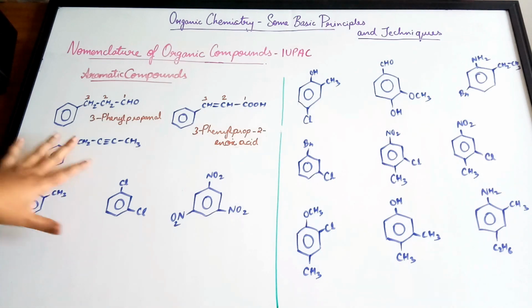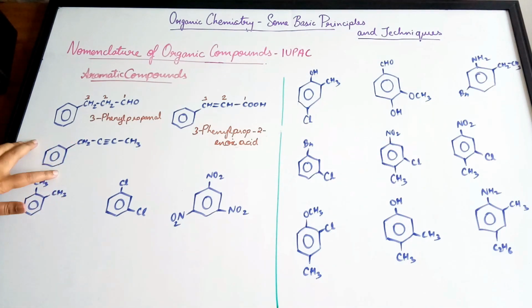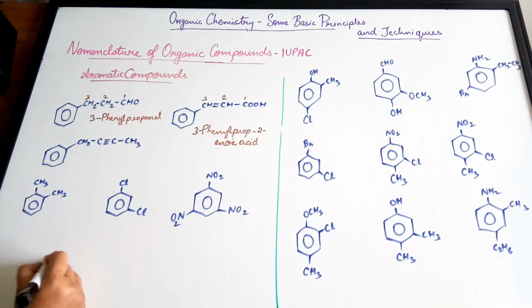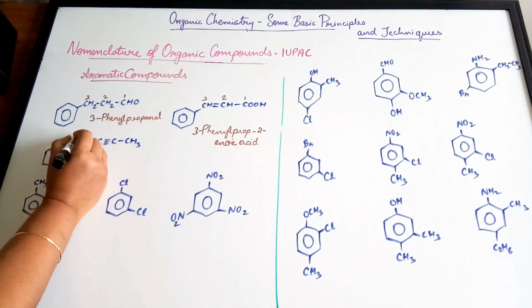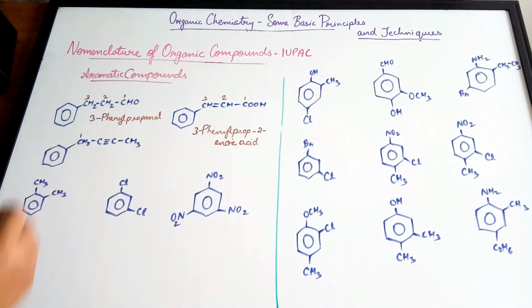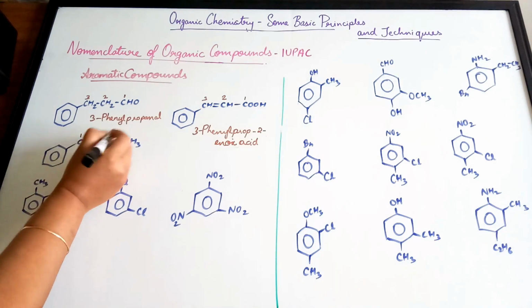So in this case, first of all, the benzene ring is considered to be a double-bonded C=C. It's considered to be an alkene. So a double bond gets more priority over a triple bond. The numbering starts from the carbon attached to the phenyl group and goes this way.